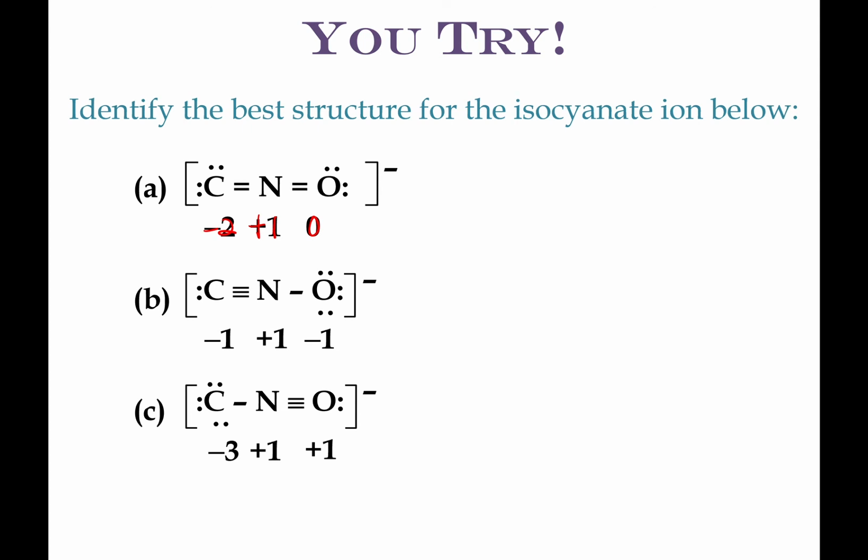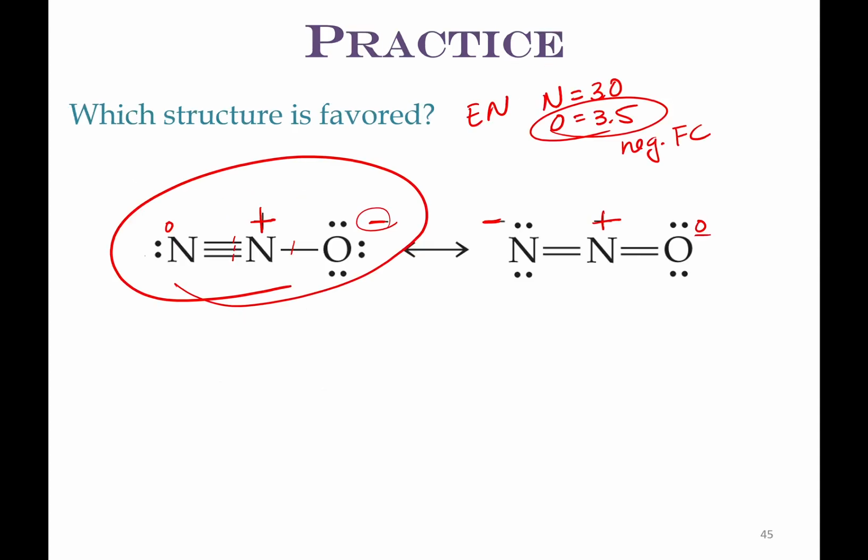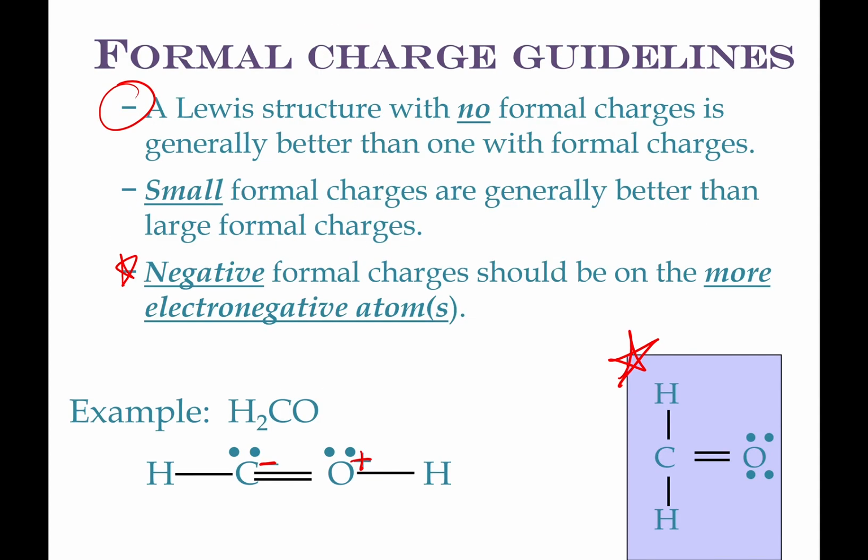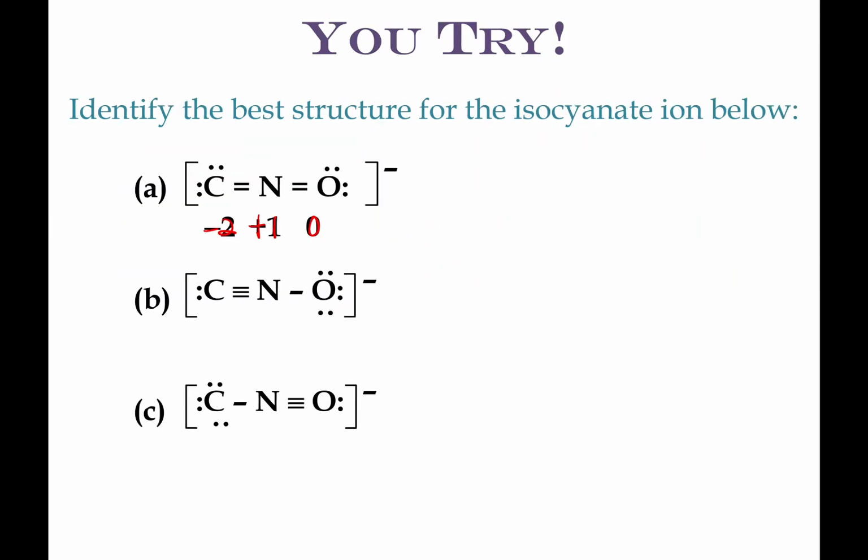So looking at these, the first rule is anything that has no formal charge would be preferred. Well, that's not possible. The second rule, small formal charges are better than large, and then negative formal charges should be on the more electronegative atoms. So small is better than large, which really gets rid of this one.